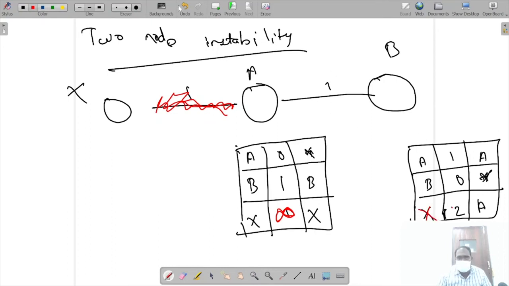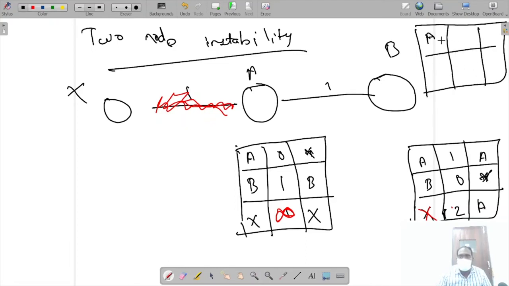I don't know if this table is visible for you, so I'll redraw this table a little above. This is B's routing table: A at a distance of 1 and the next hop is A, X at a distance of 2 and the next hop is A. All right, we'll erase this.